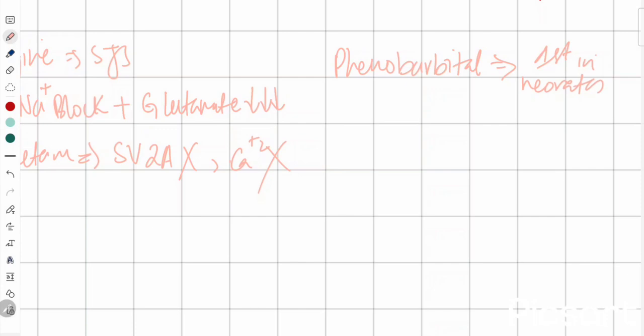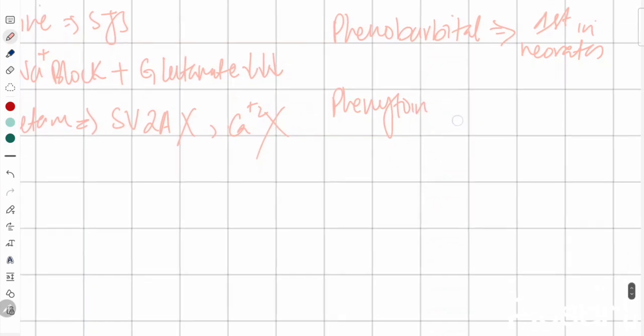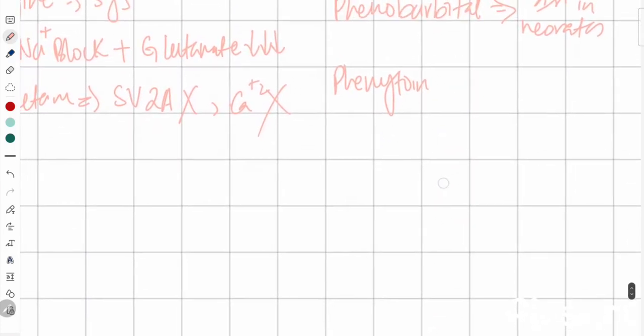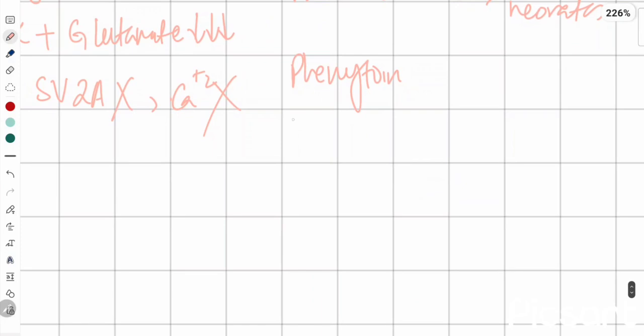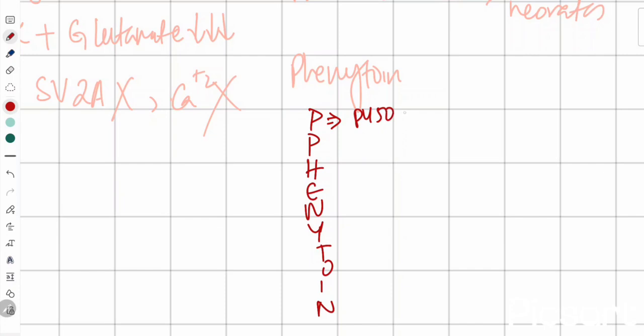Then we have phenytoin. The most important thing is that it is highly toxic. To know this, we are going to form a mnemonic, that is P-phenytoin. P for P450 induction.